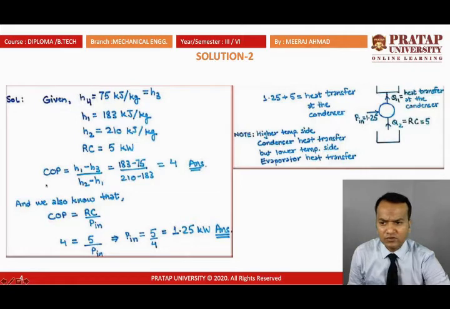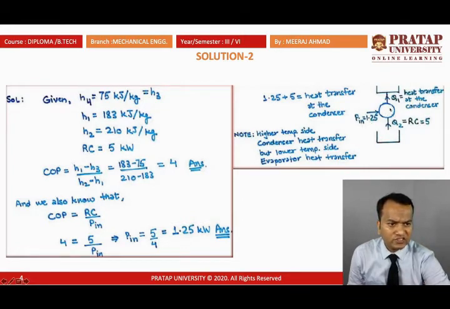You have already found the COP, and you also know the RC value, so you can find the power input. The COP is 4 and the refrigeration capacity is 5 kilowatts, so the power input is 5 by 4, which is equal to 1.25 kilowatt.